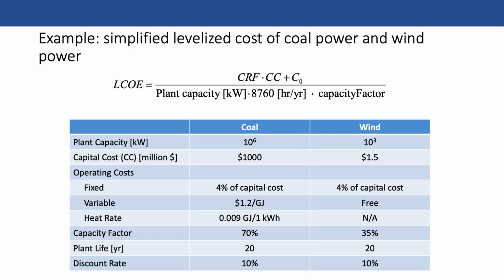So this is the cost of the coal, and then we also have to translate the coal into electricity. And so this term here, it's known as a heat rate.